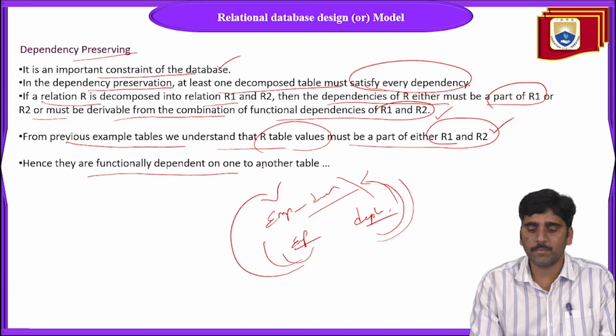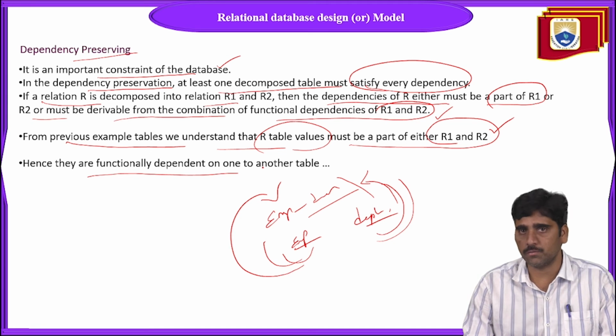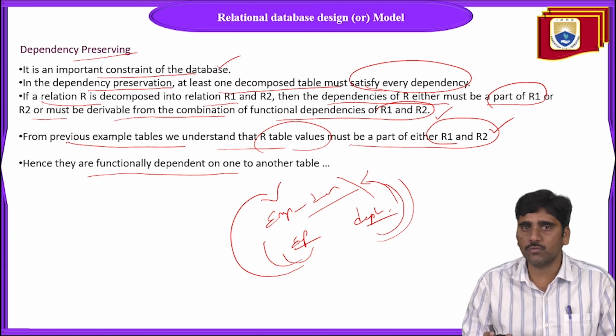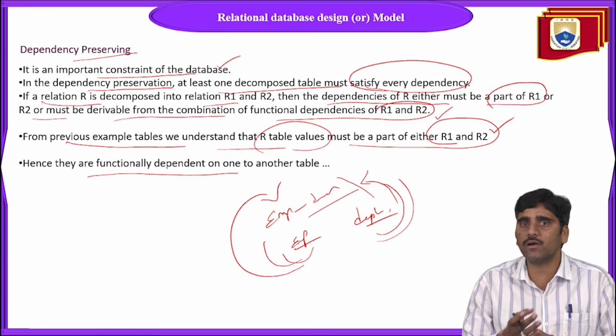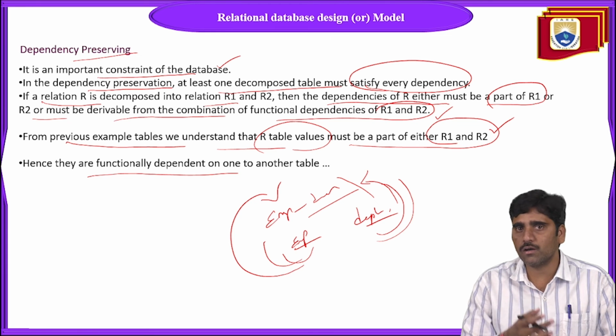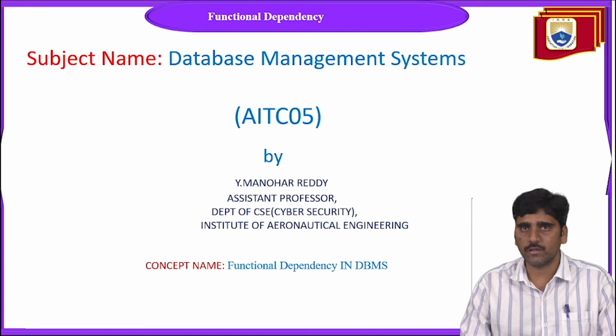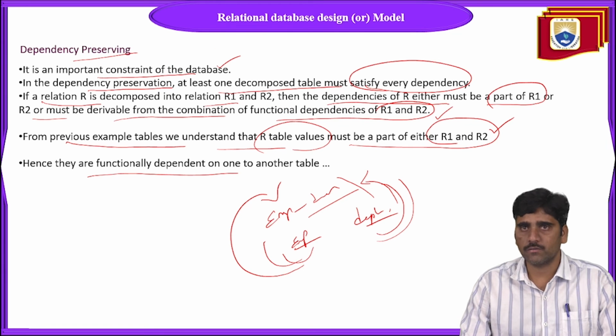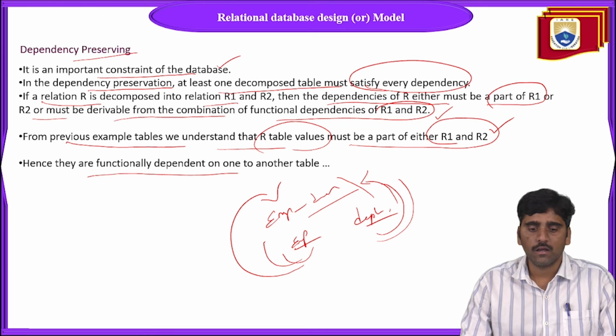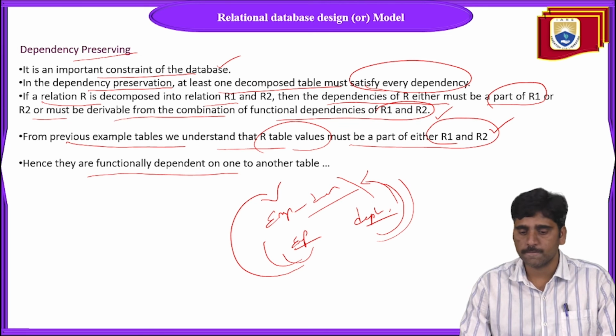Hence they are functionally dependent on one another. So the R1 and R2 values depend on the values of the R table, and that is said to be dependency preserving. This is the concept of dependency preserving.